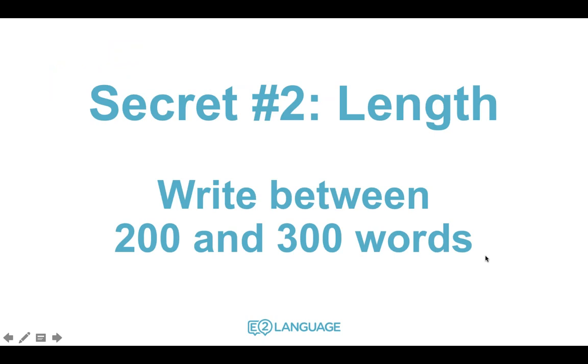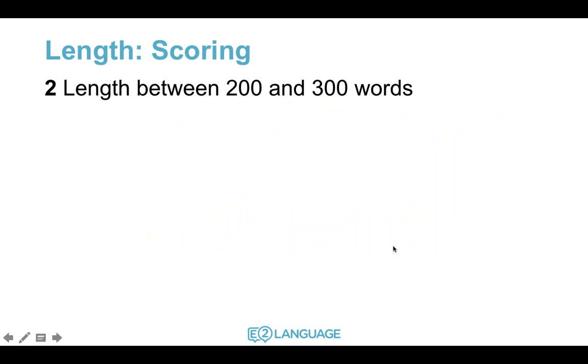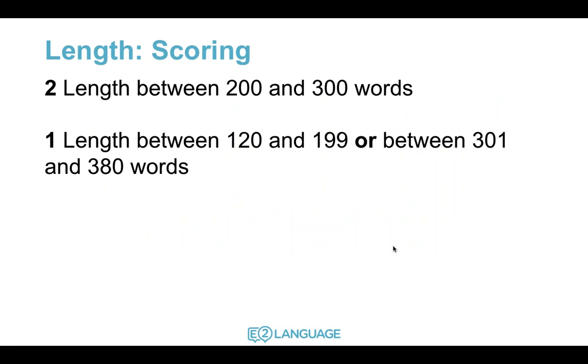Secret 2, length. Write between 200 and 300 words. You can write 201, you can write 299, that's fine. Don't write 199, don't write 301. Here's how you're scored on length. You get 2 points if you write between 200 and 300 words. You get 1 point if you write between 120 and 199, or 301 and 380.